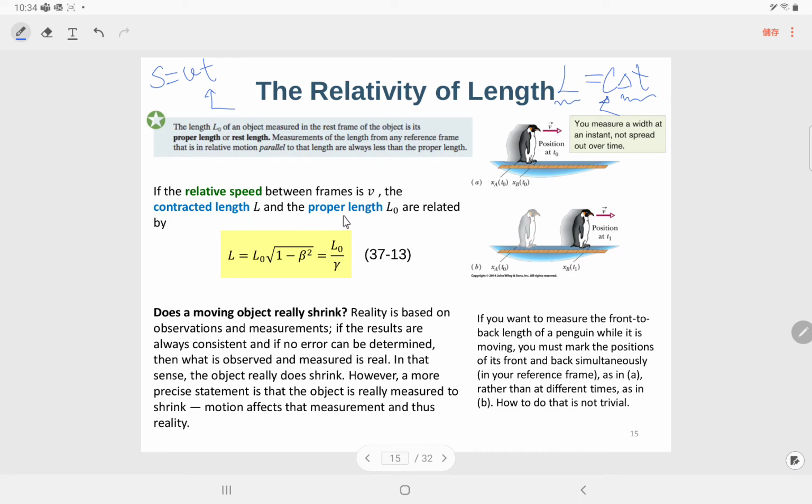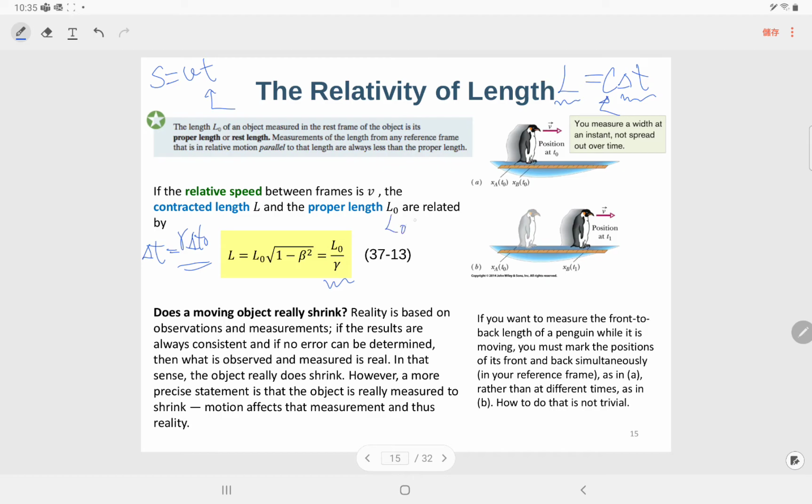So in this case, if the relative speed between the frames is v, the contracted length L and the proper length L0 are related by this equation. In the previous slide, we know that delta t is delta t0 times gamma. So now L should be L0 divided by gamma.